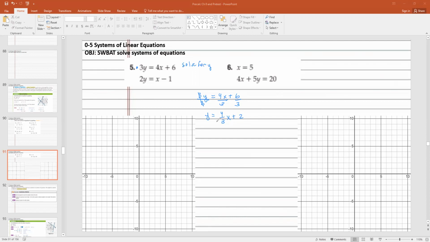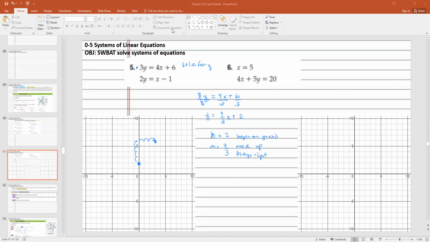Okay. So then after you do that, the rest of it's the same. So find b and m. So our b is 2 and our m is 4/3. Okay, so begin at 2 on the y-axis, and then move up 4 since it's positive. 1, 2, 3, 4, and then always right 3. 1, 2, 3.